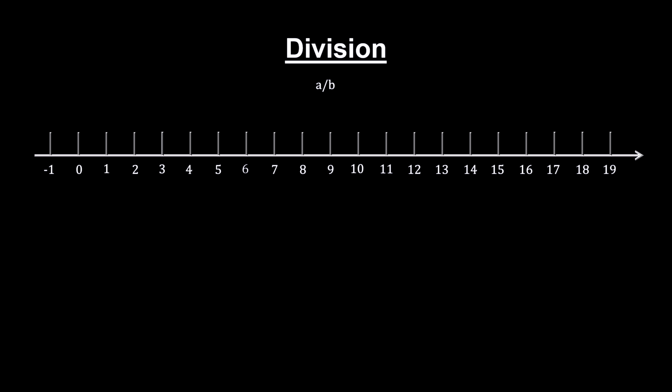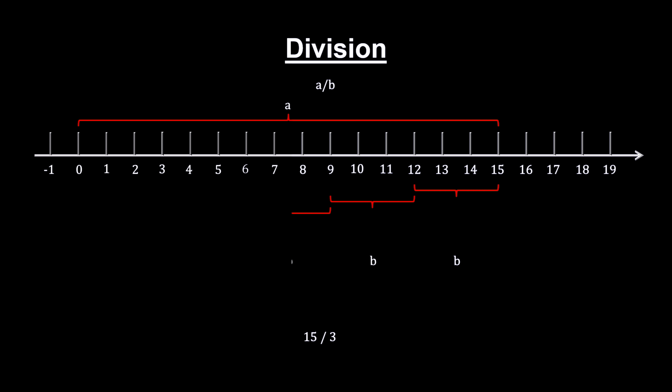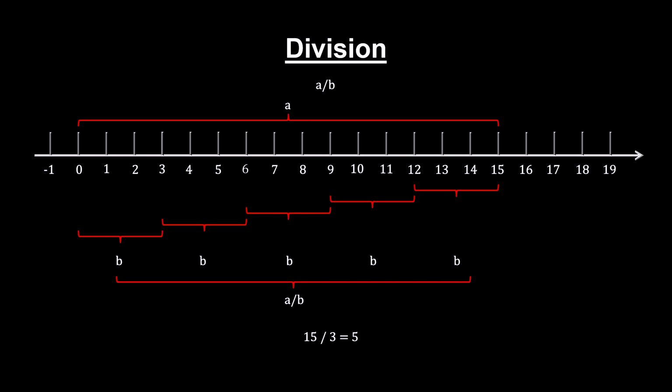For the division of one number, say A, by another number, say B, we are asking how many times can we subtract B from A? Or more generally, what number, when multiplied by B, gives us A? For example, we would ask how many times can we subtract 3 from 15? And the answer is 5.